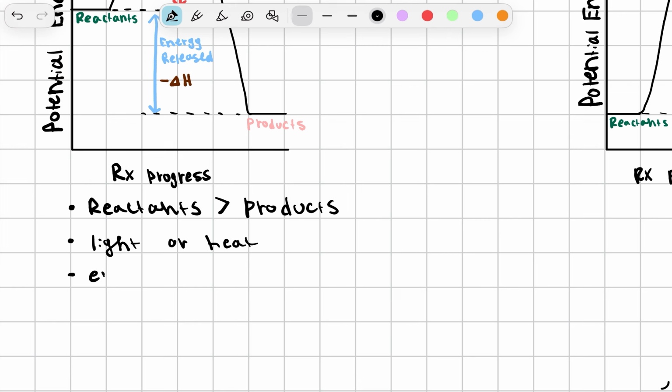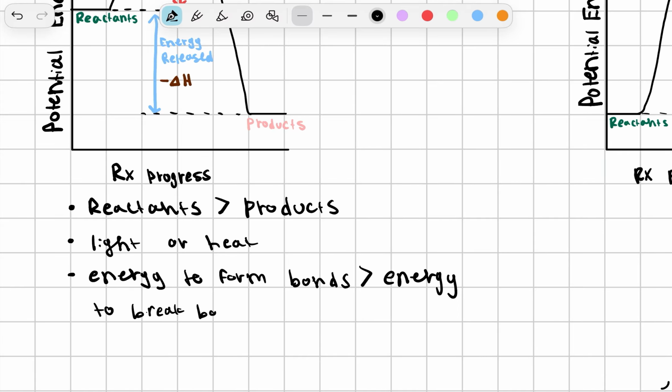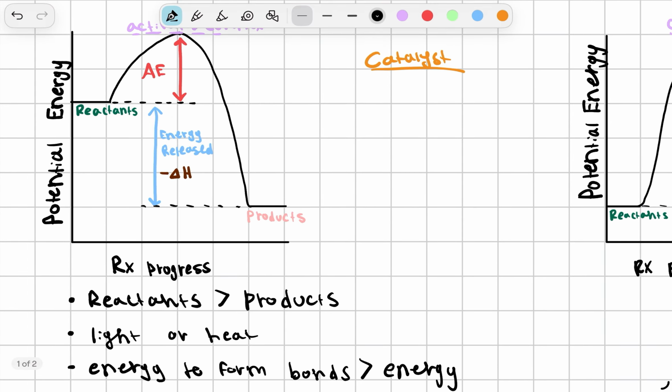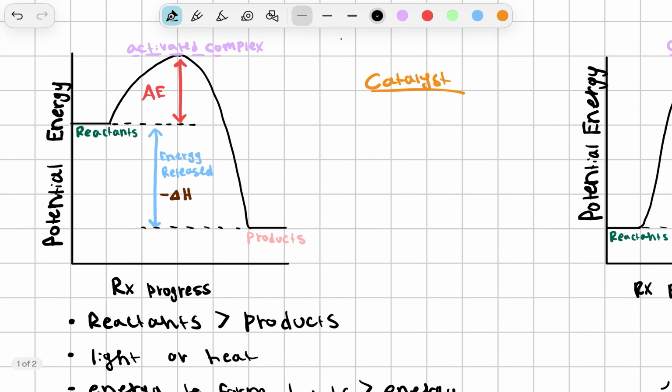So I'll write that as energy to form bonds is greater than the energy to break bonds. So in an exothermic reaction, we are releasing energy. And this is what the graph looks like for it.